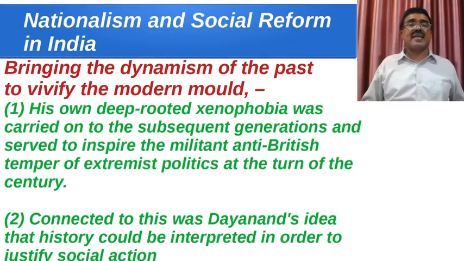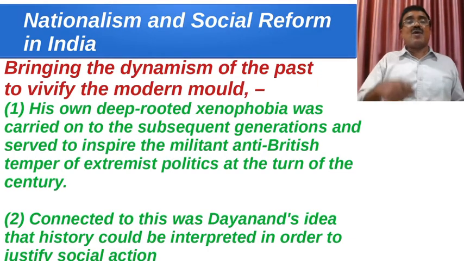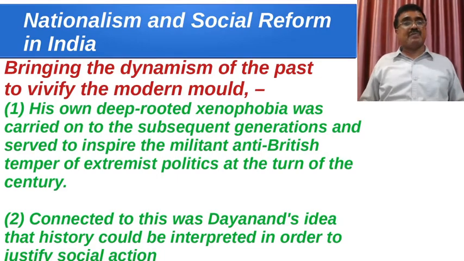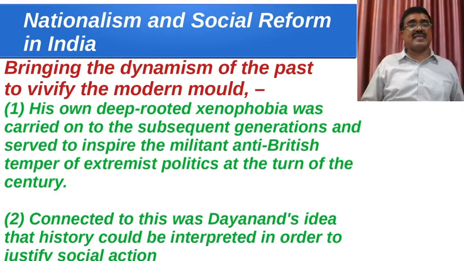Communism as such didn't come into India, but there is a socialist strata also in this extremist movement. That also we have to take into consideration. But largely, these extremist movements were inspired by Swami Dayananda Saraswati's ideas, not the person as such, but his ideas. That is it.